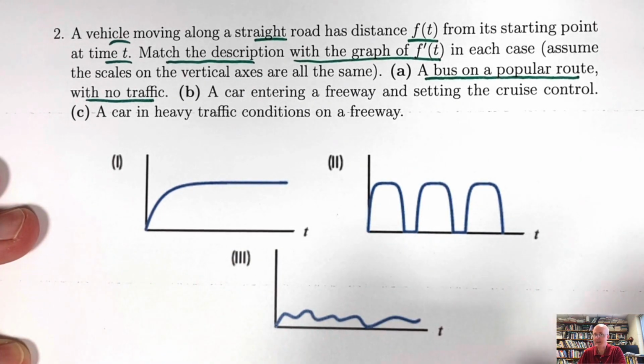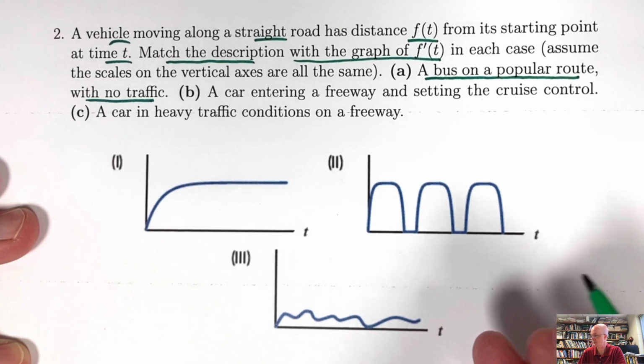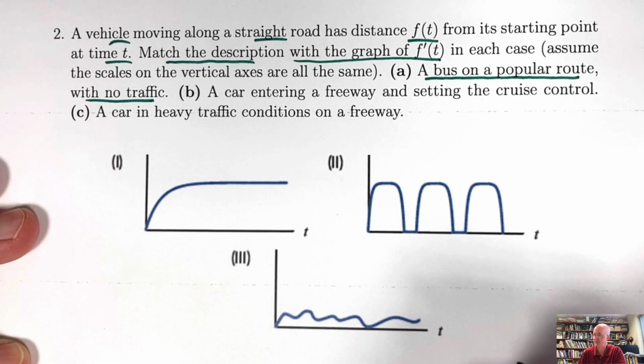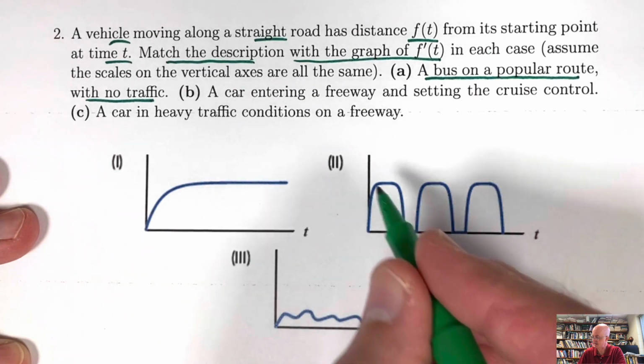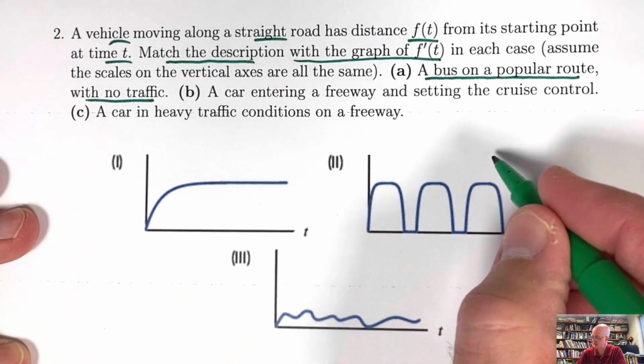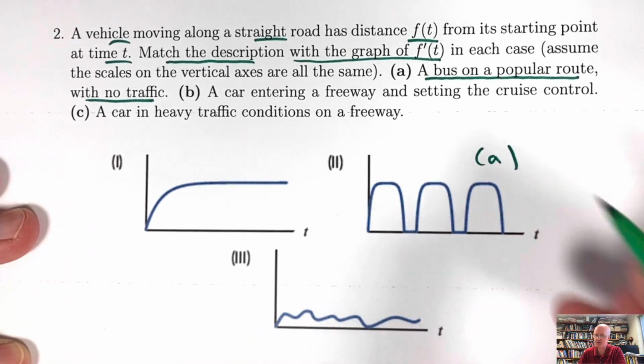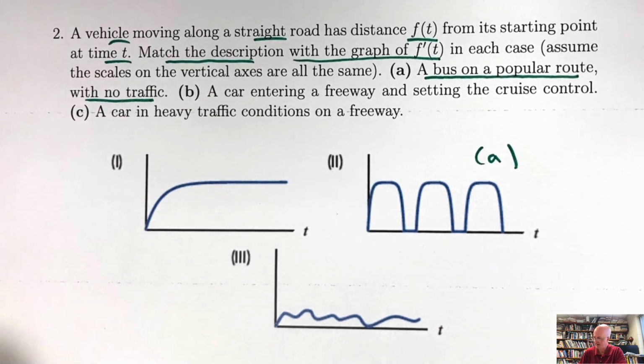So we've got to speed up, cruise for a bit, slow down, stop for a bit, speed up, cruise for a bit, slow down, stop for a bit. The derivative, the speed, has to go up and down, up and down, up and down, and has to be 0 every so often. The one that fits that description is this one here, 2. So this one goes with description A right there.